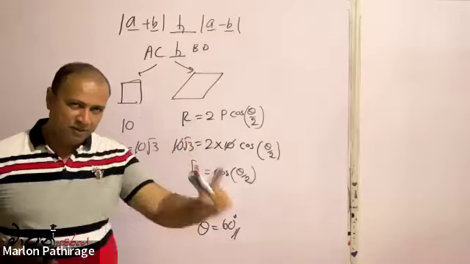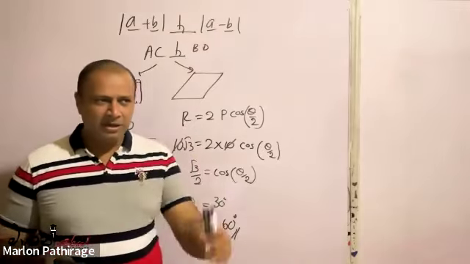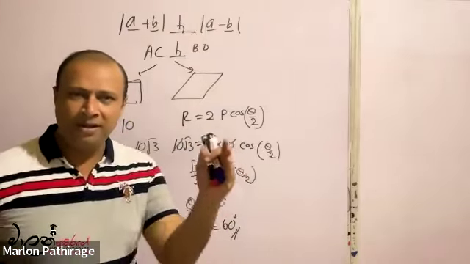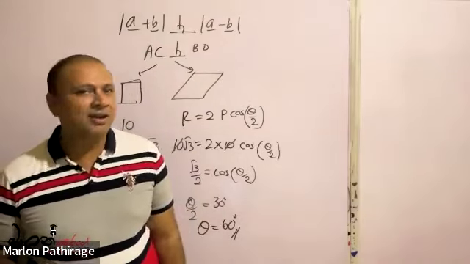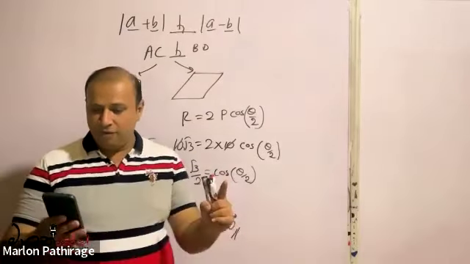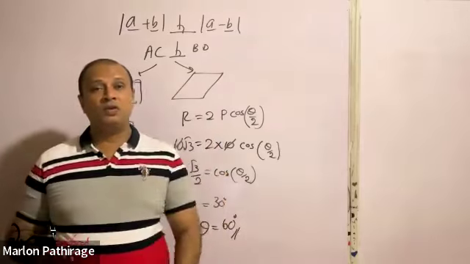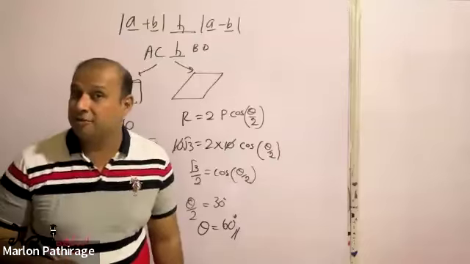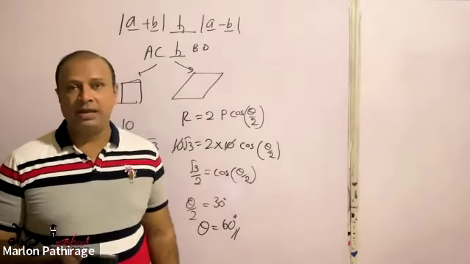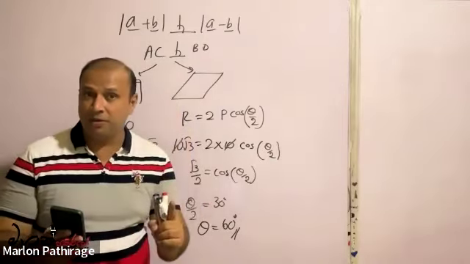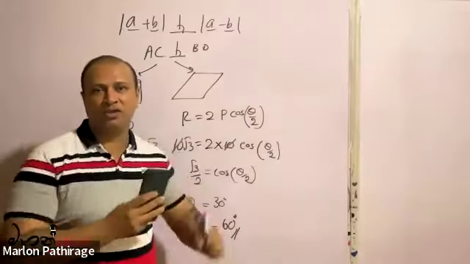You have to remember that one. Diagonals are equal in only rectangles or squares. Therefore, if the modulus of A plus B equals the modulus of A minus B, the two diagonals are equal in length, so this parallelogram is either a square or a rectangle.